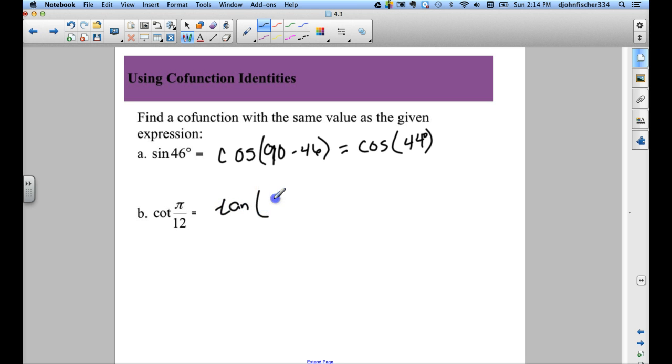Since this is radians, this is going to be pi over 2 minus pi over 12, which is equal to cotangent, and if I get a common denominator, the common denominator would be 12, so it would be 5 pi over 12. So, a couple things to look at as we go through here.